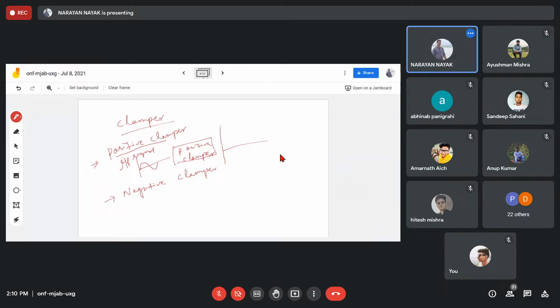Raised upward means you get this type of signal.